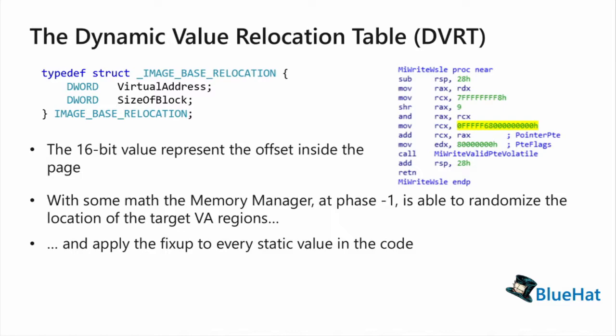On the right of this slide, I have put a sample. If you reverse it with IDA, you will see FFFF6800, which is the page table base, if I'm not mistaken. Yes, it's that. So we apply the fixup to every static value present in the binary.